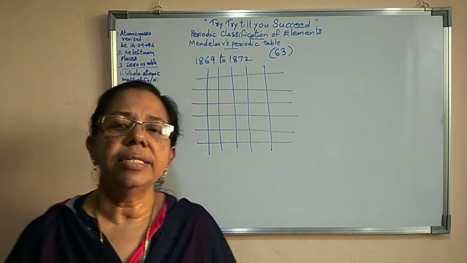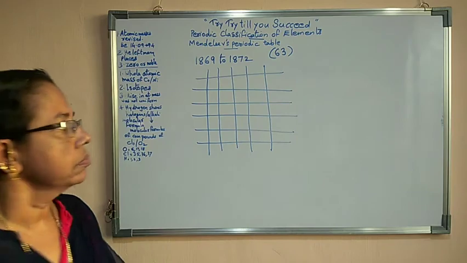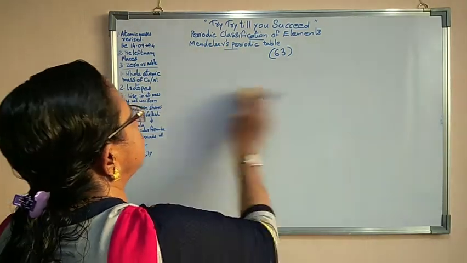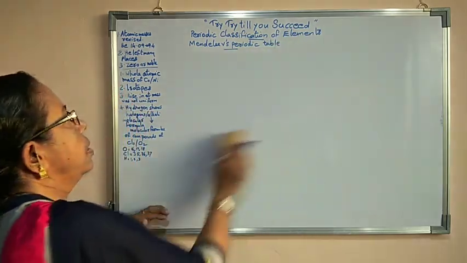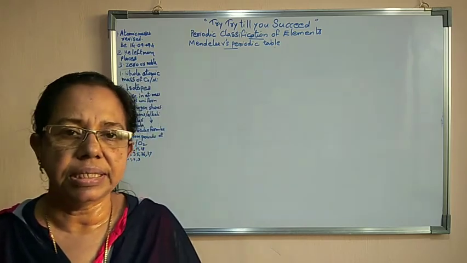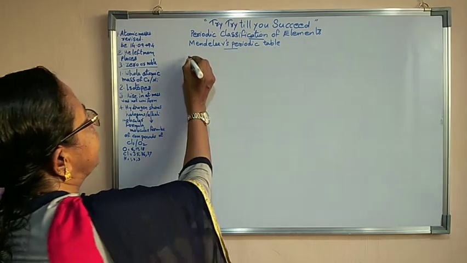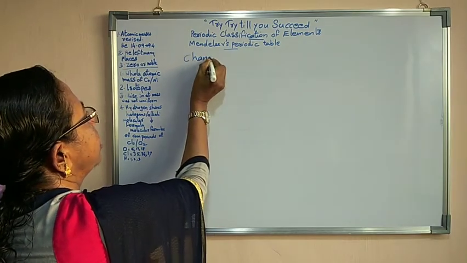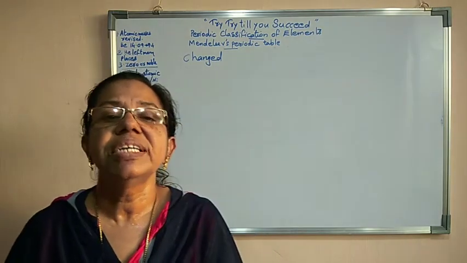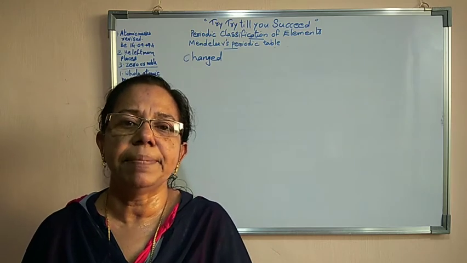Now we will study the merits of Mendeleev's periodic table. The first merit is that he revised, meaning he changed, the atomic masses of some elements in his periodic table for arranging them properly.